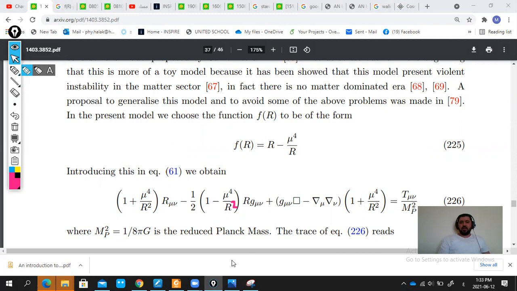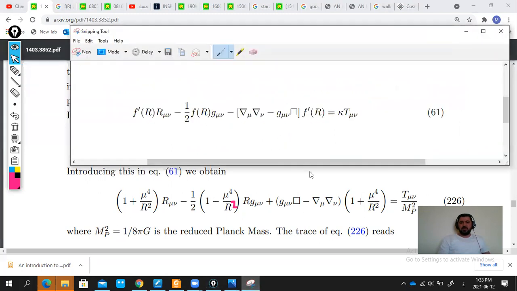Yes. Then we have here nabla mu, nabla nu. They entered the minus, so now the Laplacian will be positive and nabla nu will be negative. And then you have 1 plus mu to the power 4 over R squared, T mu nu over M Planck squared.